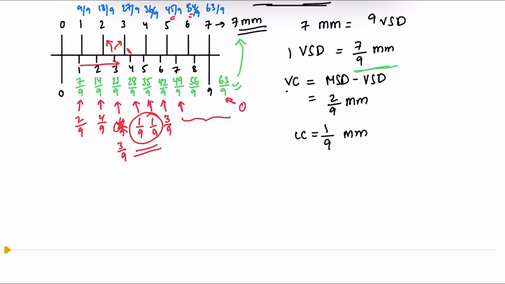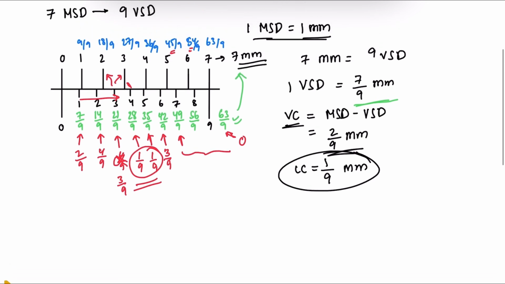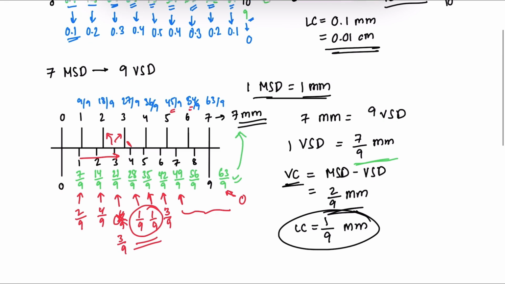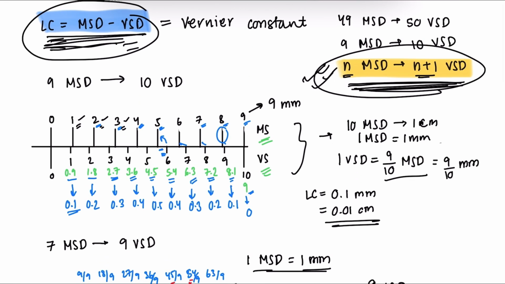So here we got the Vernier constant, or the formula least count, as 2/9 millimeters. However, when we're drawing the diagram, we get the least count as 1/9 millimeters. So you have to be careful with these types of cases where the number of MSD coinciding with the number of VSDs is not in this format right here.